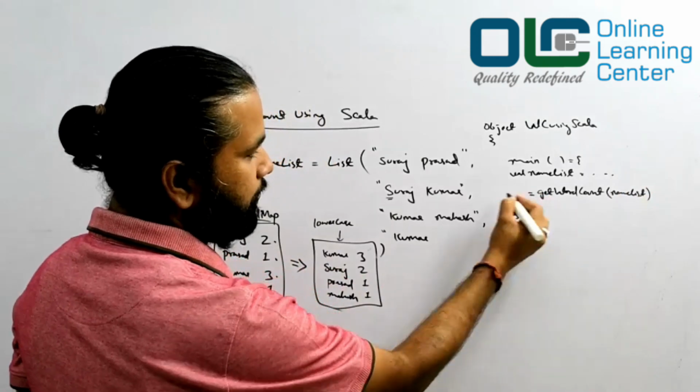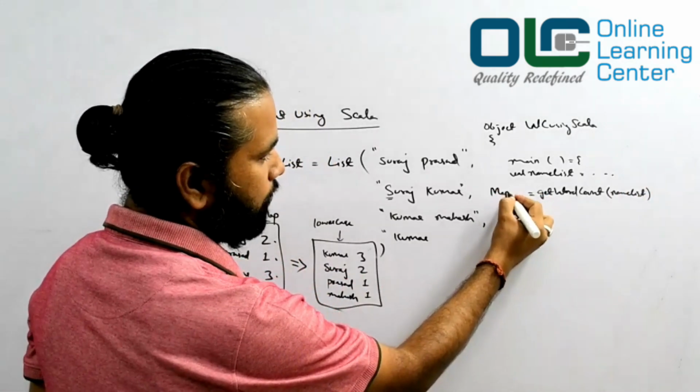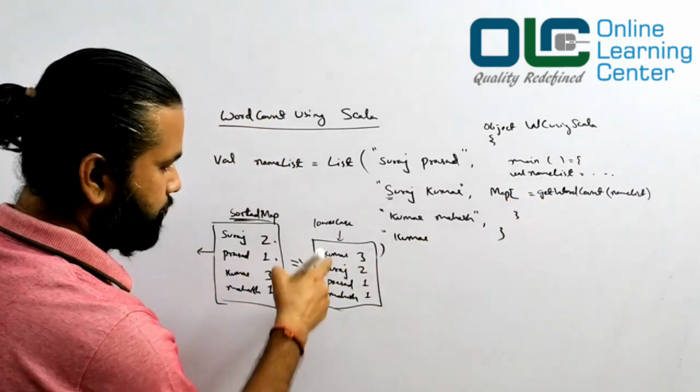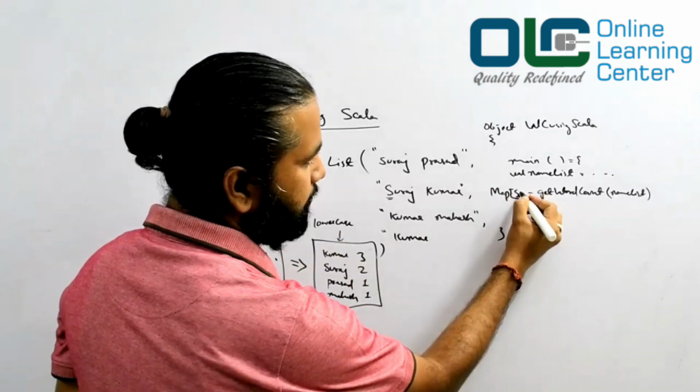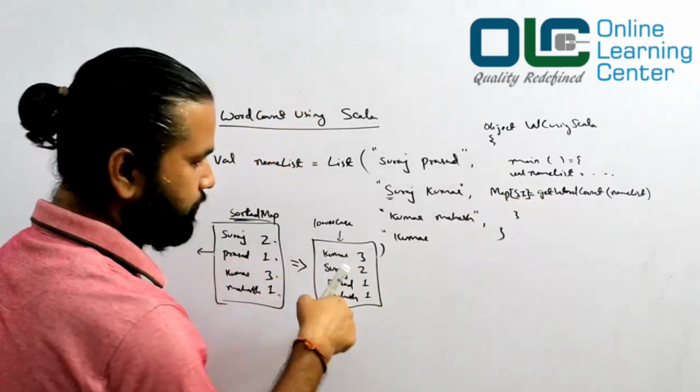And what you are going to get here is a map of string and integer.